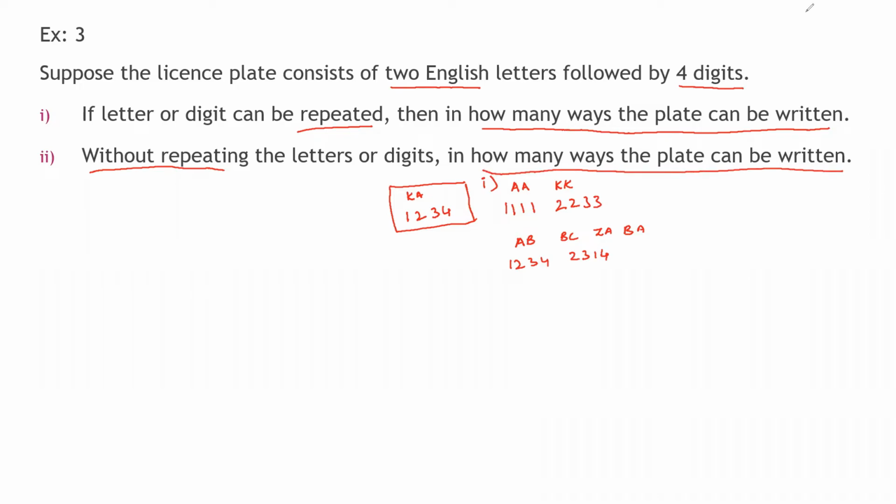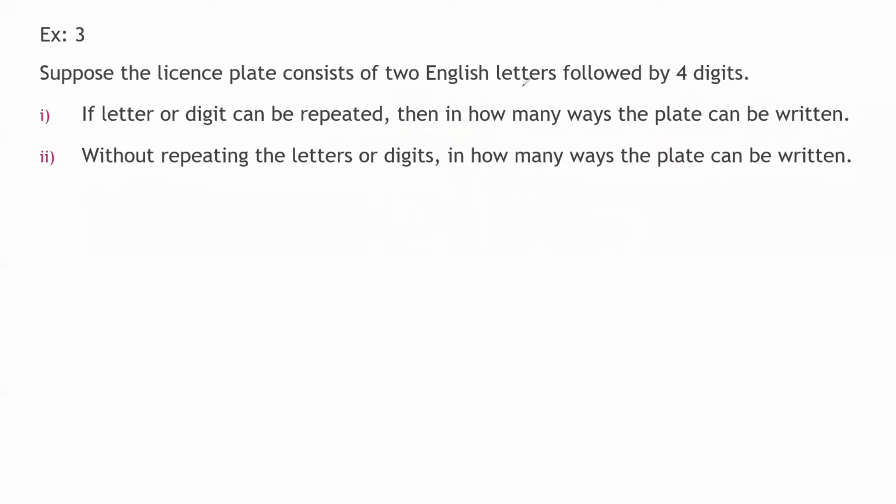So how are we going to solve this? First, you need to understand how many letters are there in English. There are 26 letters. Then how many digits are there?